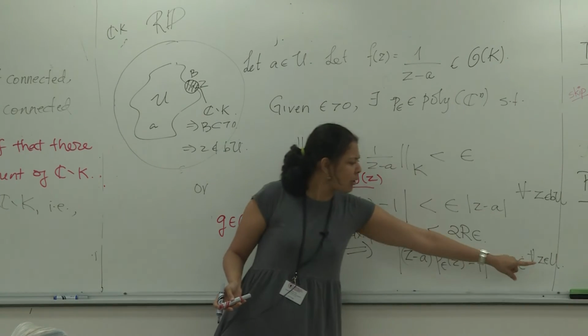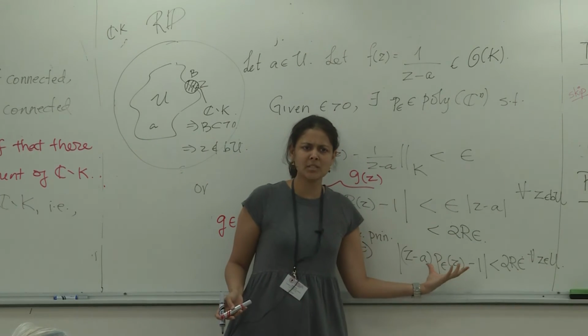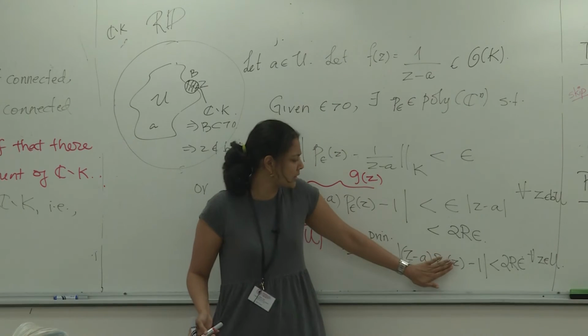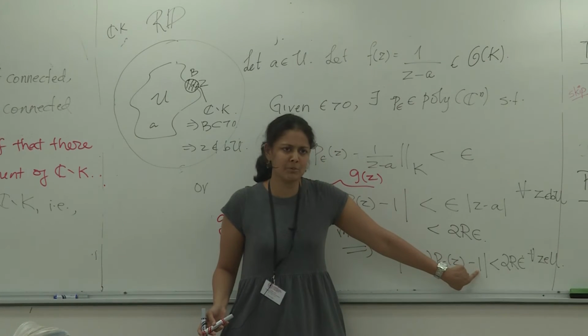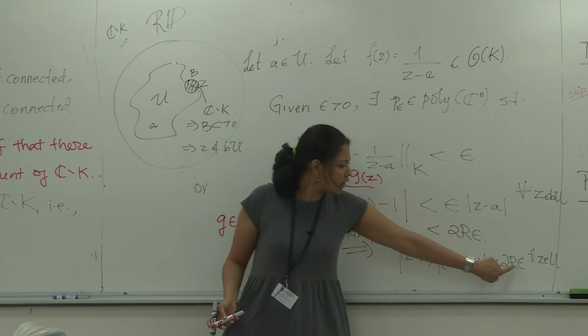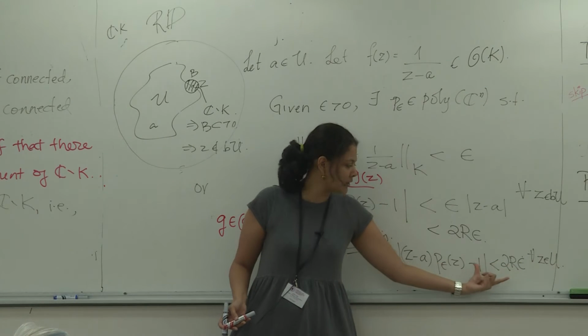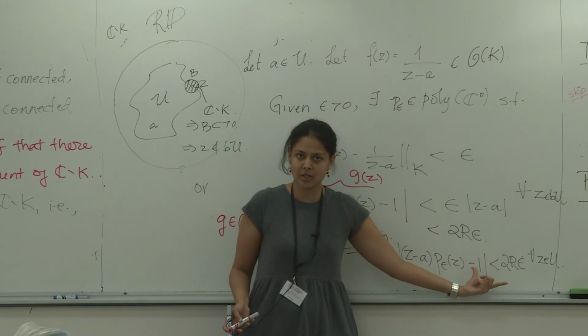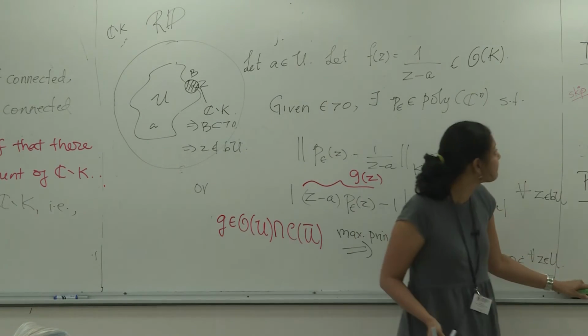But A is a point in U. So if I evaluate this function at z equal to A, this is going to drop out. G of z in absolute value is 1. And surely I can take epsilon small enough so that this is violated over here. So this violates the maximum principle.